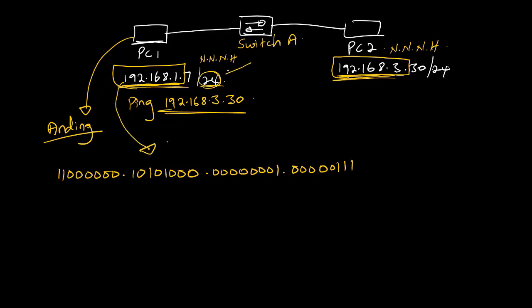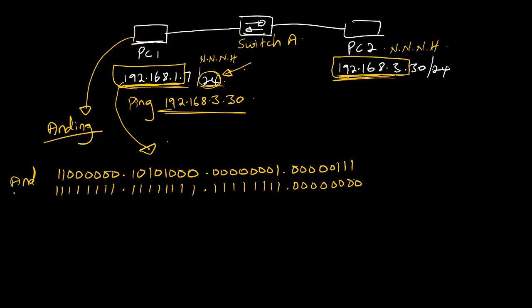And it also converts its own subnet mask to binary: 11111111.11111111.11111111.00000000. Are we together? And it will start ANDing.